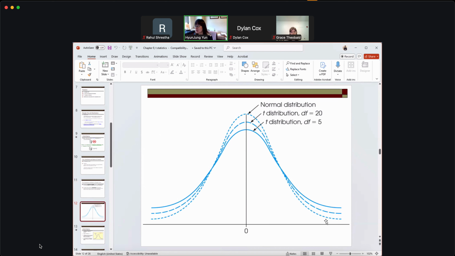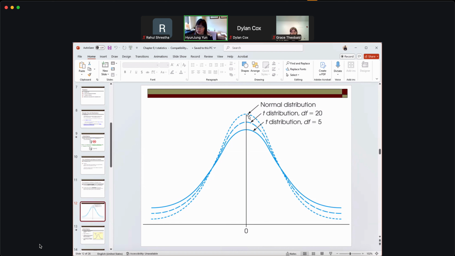The short dotted line, the tallest one, is the normal z curve, the normal distribution. But you see the longer dotted line and the solid line, and these are t distributions depending on the sample size, depending on degrees of freedom.